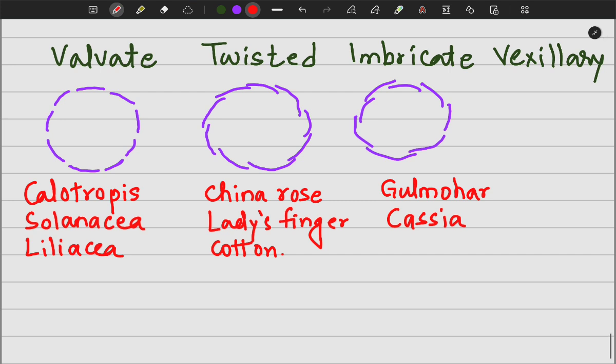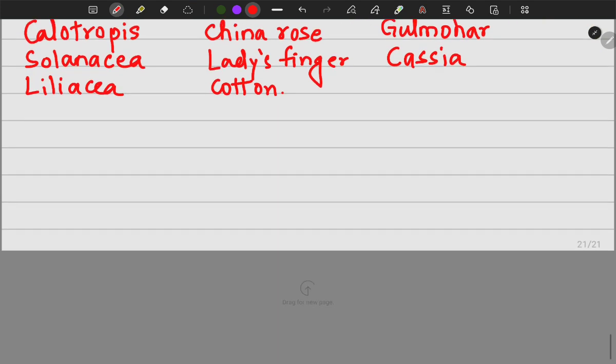Now let us come to the last one, which is the vexillary. It is a special kind of aestivation in which there are 5 petals. Let us understand it on a new page because it's a special type.